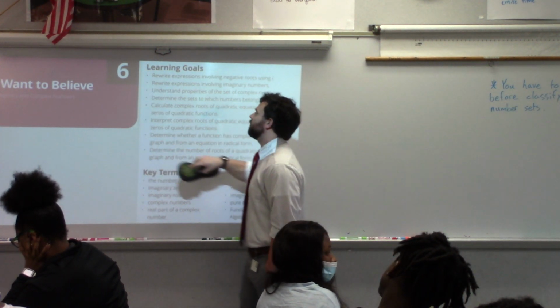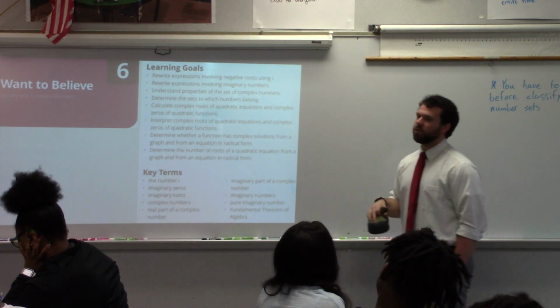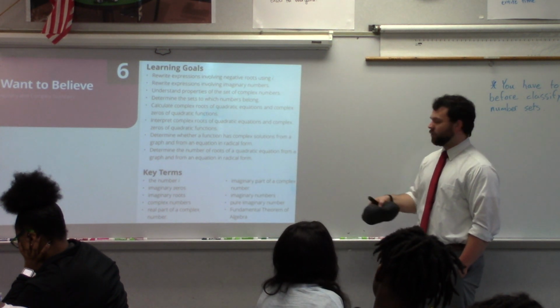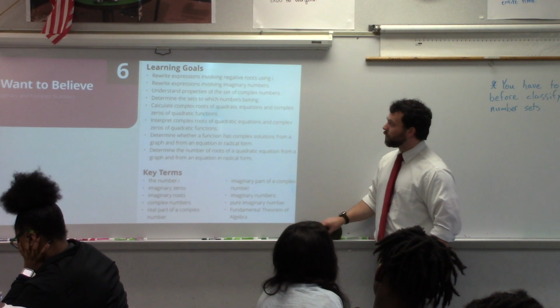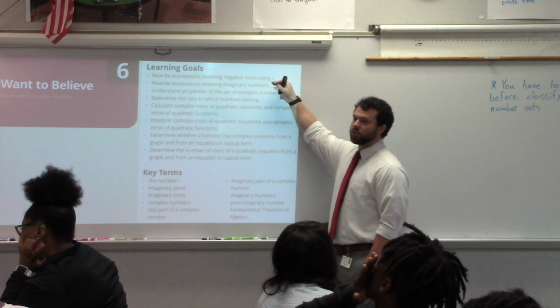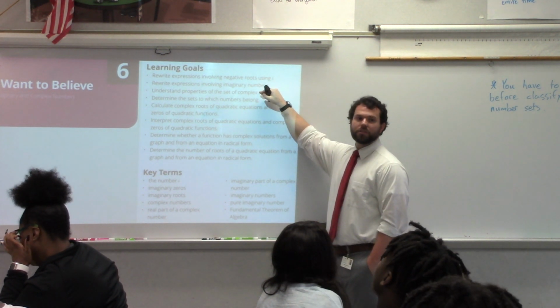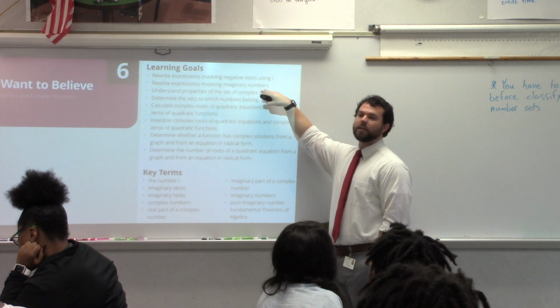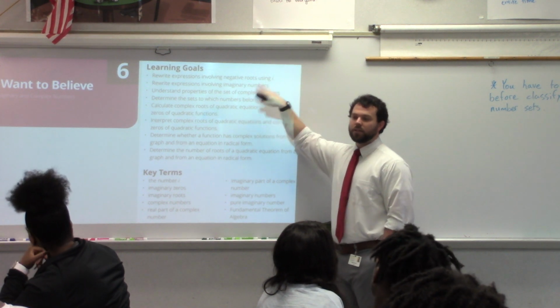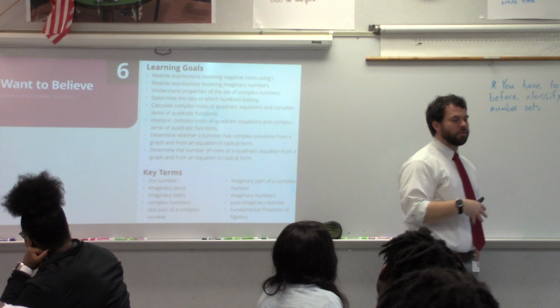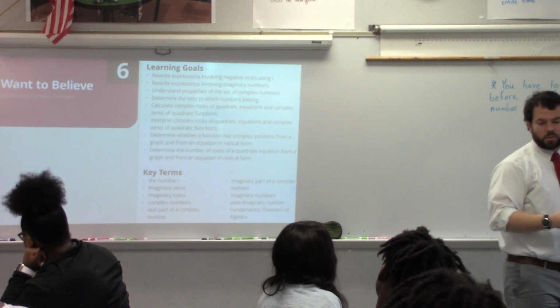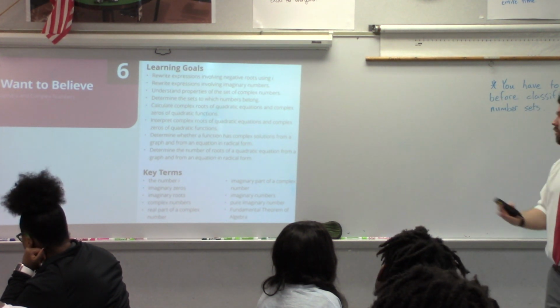It's hard to learn what you're supposed to learn if you don't know what that is. So make sure you can look at these goals and say, yeah, I can do that. If you can't, then maybe go watch the videos on YouTube, find extra resources online, or come to tutoring.